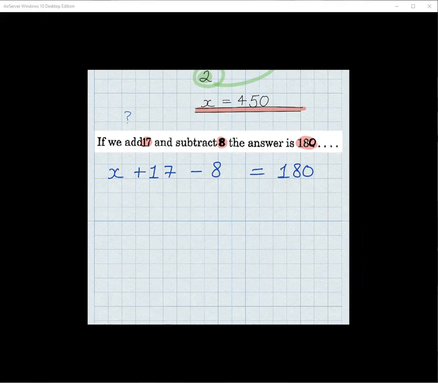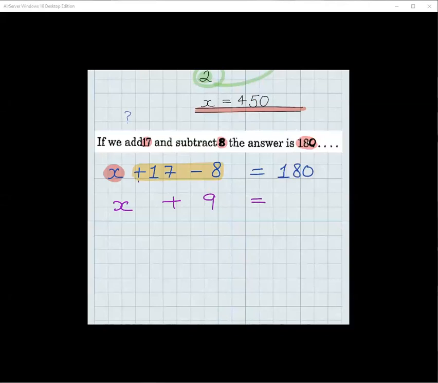So now, I want you to work out for me the value of x. So what are the actions? Start on X, identify the actions, and reverse. But we could be a little bit cheeky here, and we could actually simplify before we do all that. So what is 17 take away 8? 9.